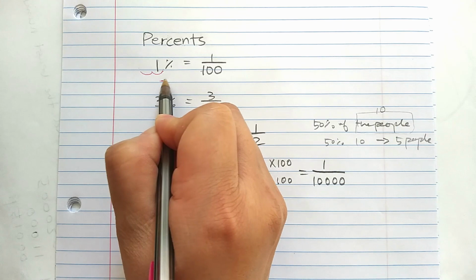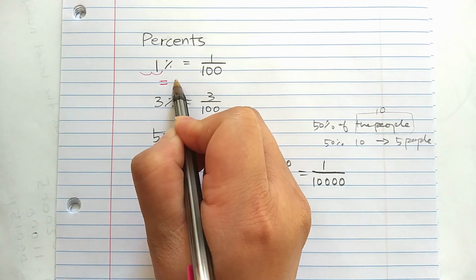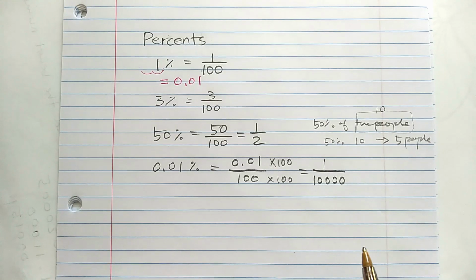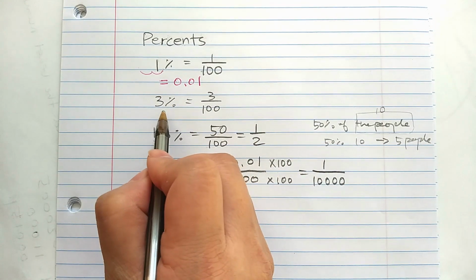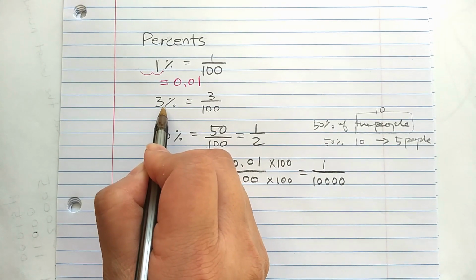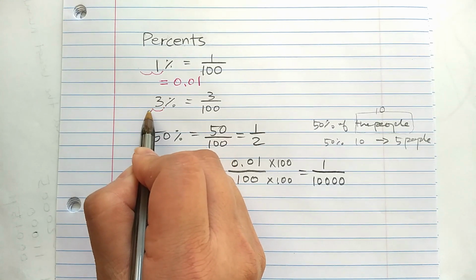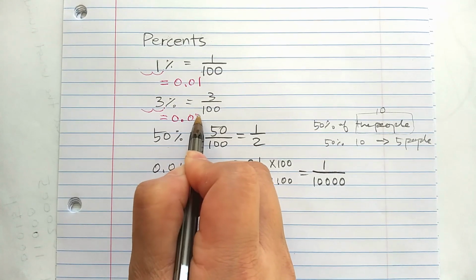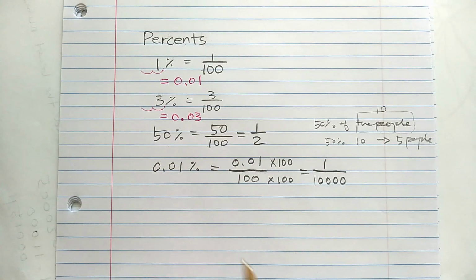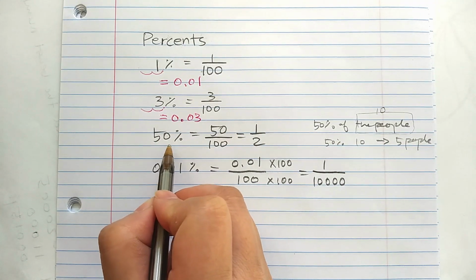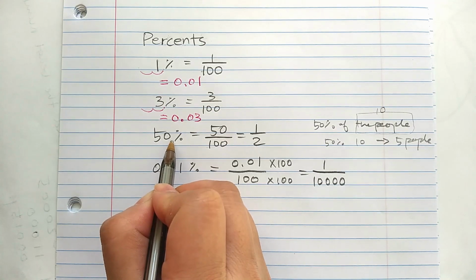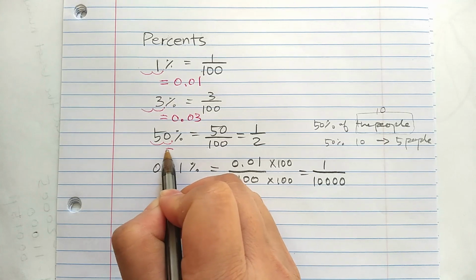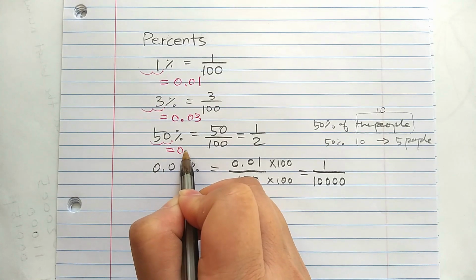So 1% is equal to 0.01 in decimal. 3%, move the decimal point 2 places to the left. This is 0.03. 50%, do the same thing. Decimal point 2 places to the left. So this is 0.5.